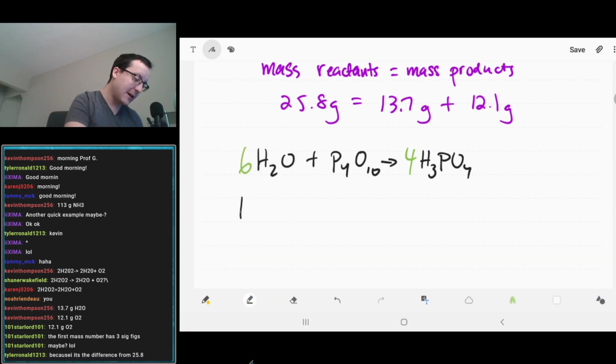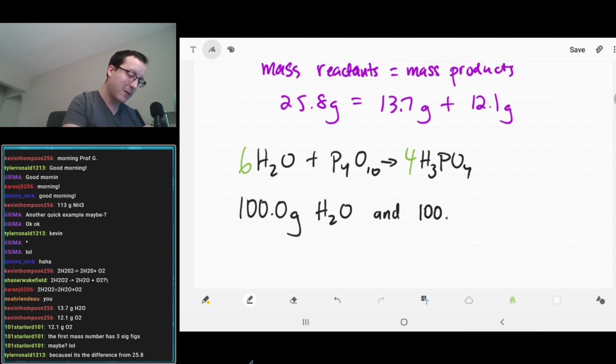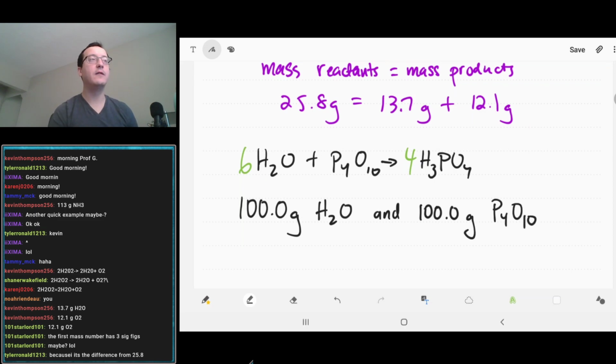And let's say this time I have 100 grams of water and 100 grams of this thing, the P4O10, the tetraphosphorus decaoxide. Looking at this, will we get 200 grams of phosphoric acid out? I'm going to tell you no, we won't, but let's find out why.